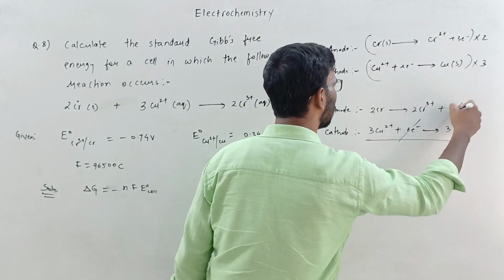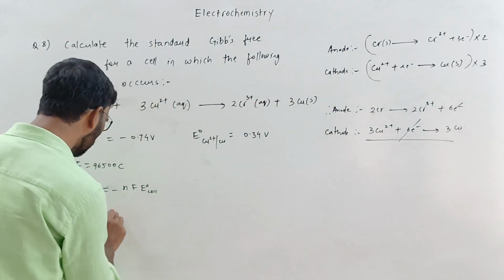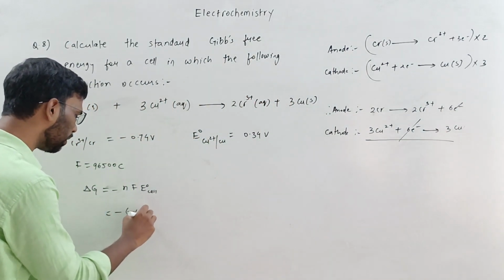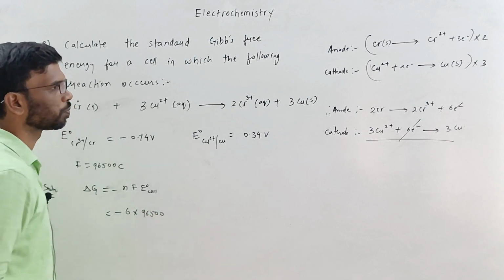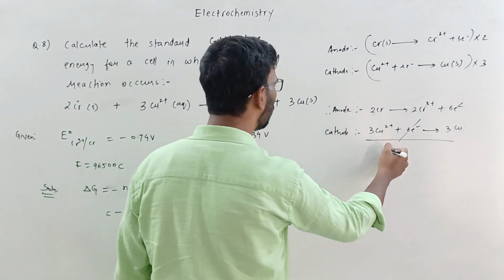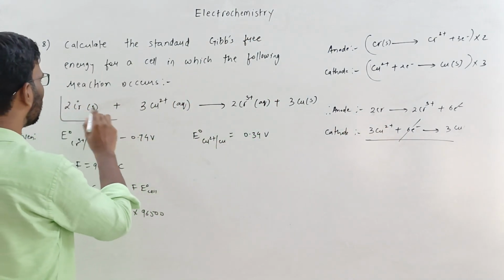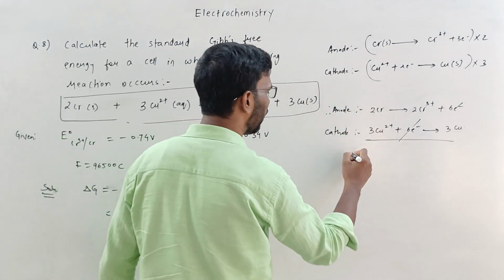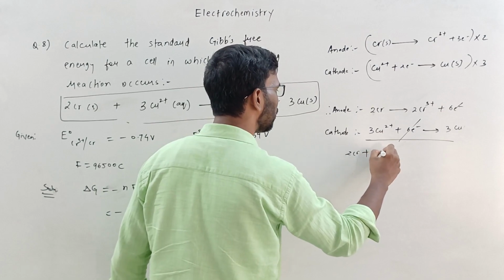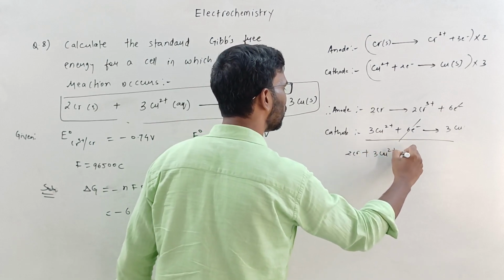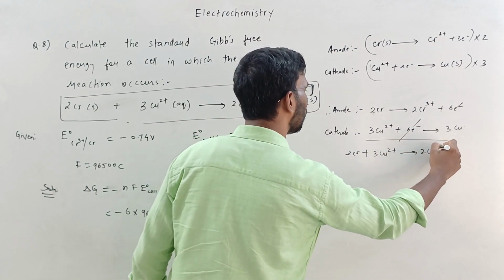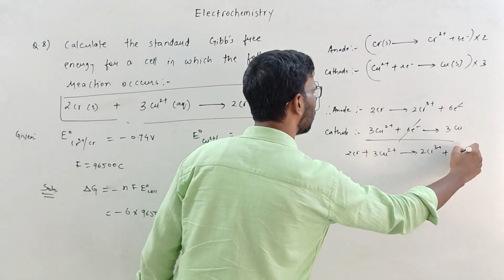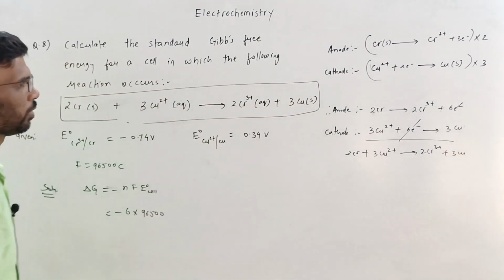So this 6 and 6. Therefore, I found that n is equal to 6. Faraday is 96500, right? Overall reaction, if you do this, you will get this equation. Overall means you will write 2 Cr plus 3 Cu2+ changing to 2 Cr3+ and 3 Cu. It is this reaction which you are getting.